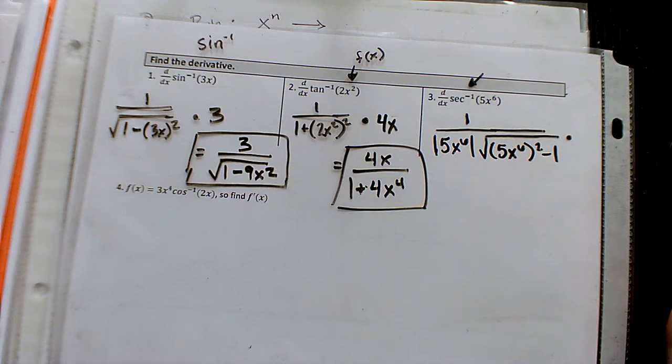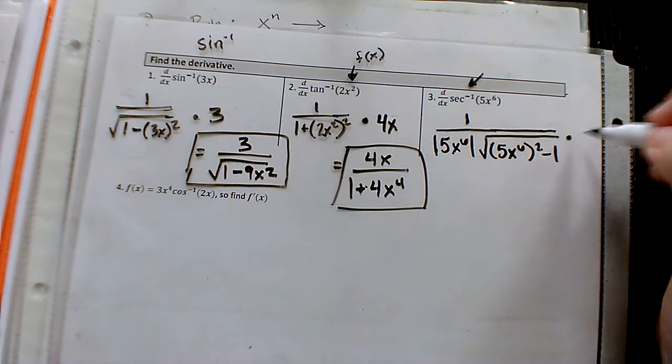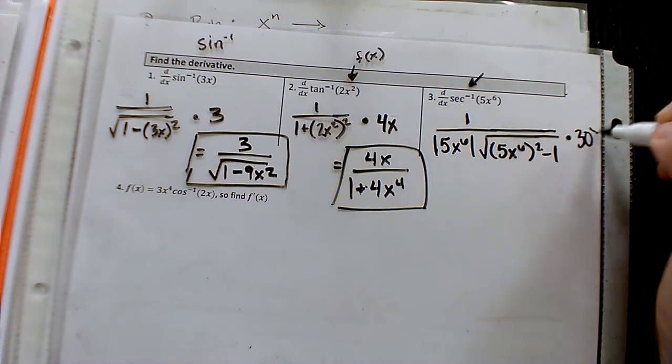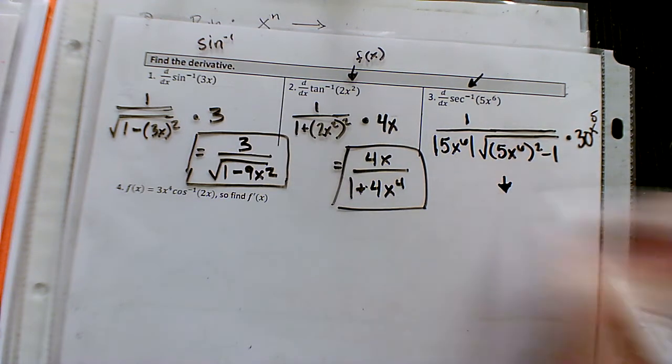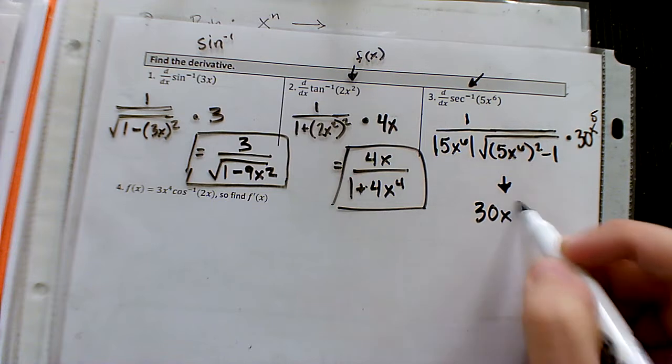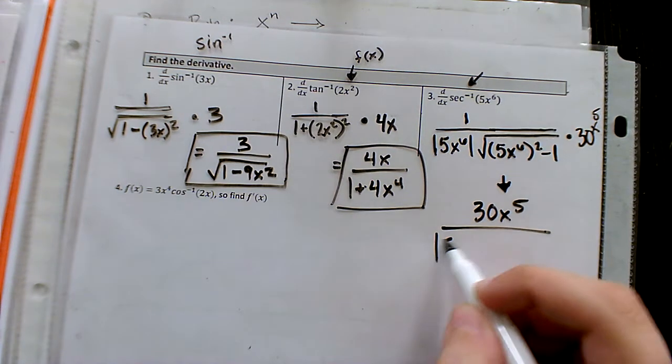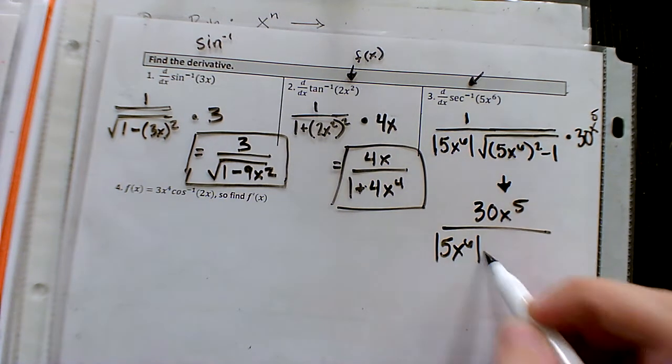And then we got to multiply by the derivative of the inside, which would be 30x to the 5th. So we'll have 30x to the 5th over that denominator.